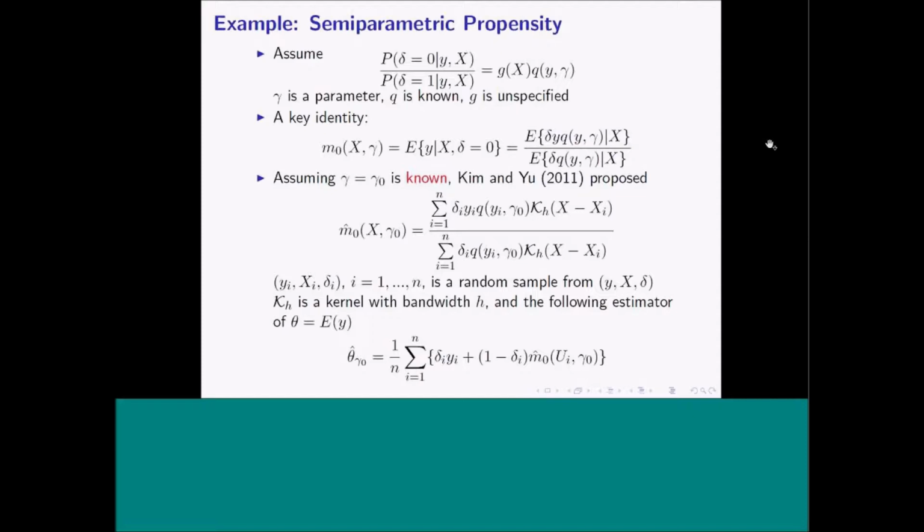So once we observe the Y and use the observed data, we can estimate the unknown conditional expectation. And therefore, afterwards, we can estimate the population mean. This is the theta hat given in the last slide.